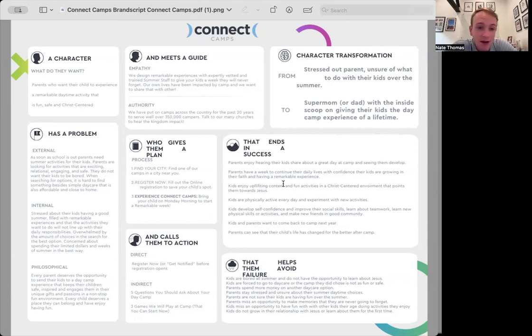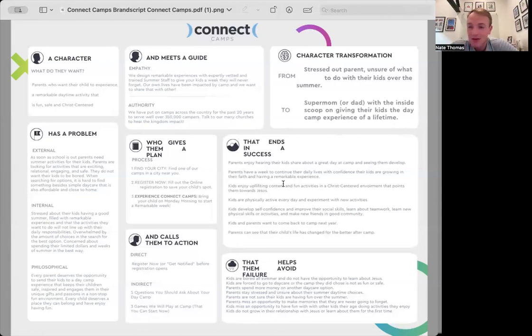So our character is obvious. It's parents, and even more specifically, moms. Moms want to provide for their kids, and they want their kids to have fun, be safe, and learn more about Christ, and also build relationships with other campers that are their age. Most moms want that.